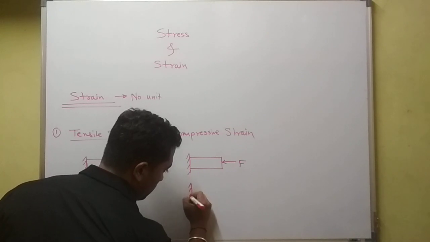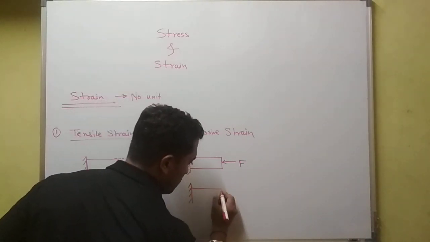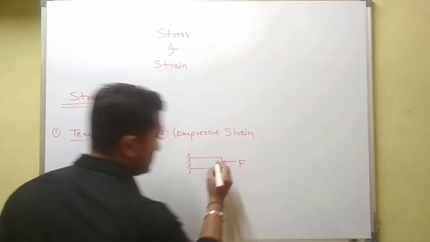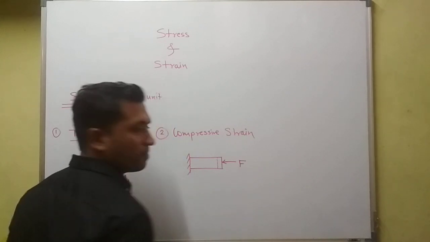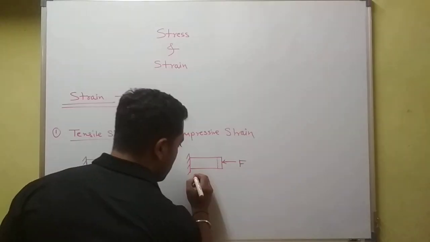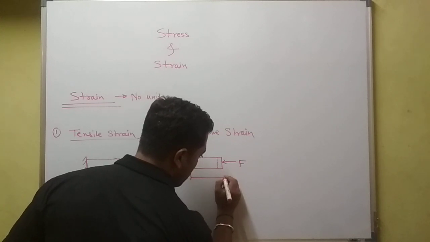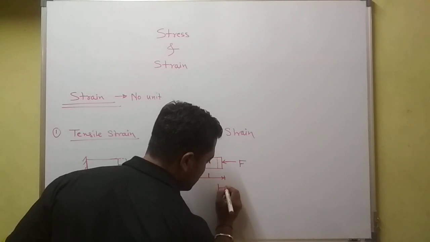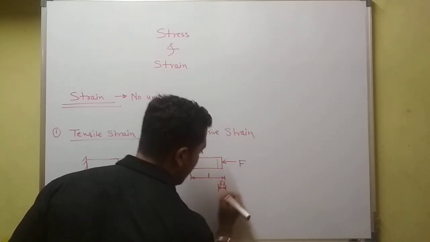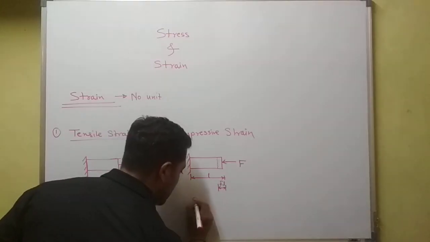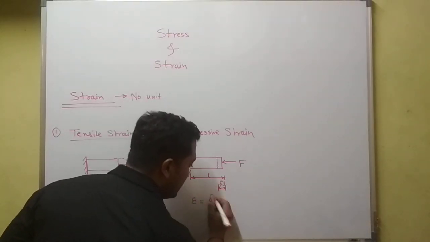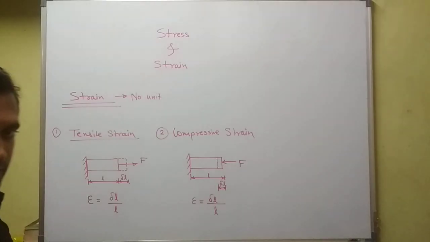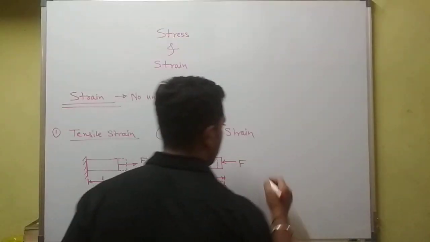Now, what will happen? The body will get compressed this much, isn't it? Now, the original length of the body is L, and the change in length of the body is delta L. Now what will be the strain? Strain is equal to the decrease in length to its original length. Got it?